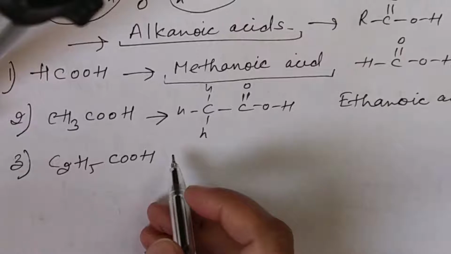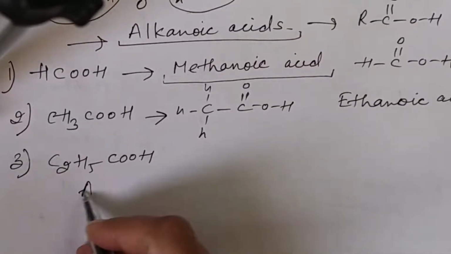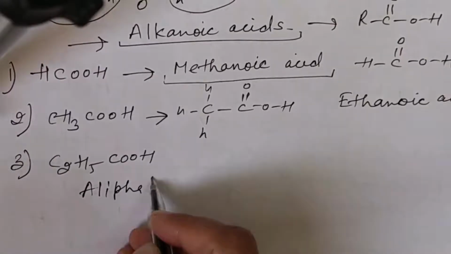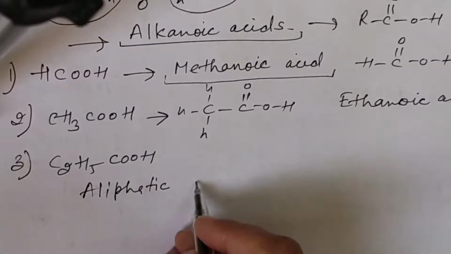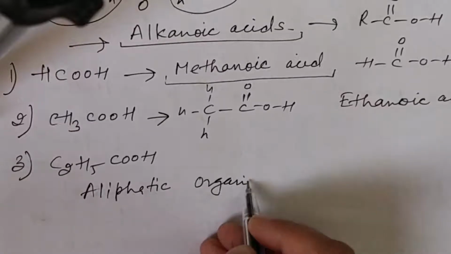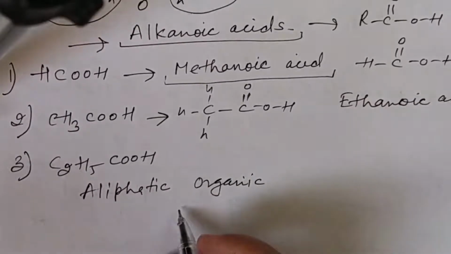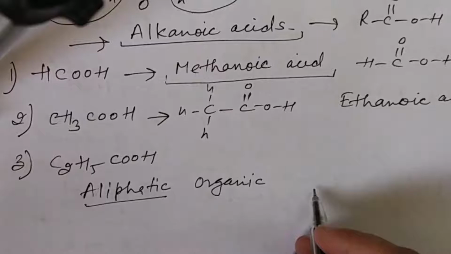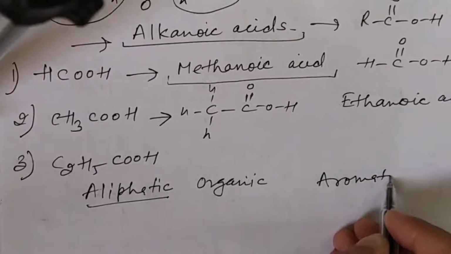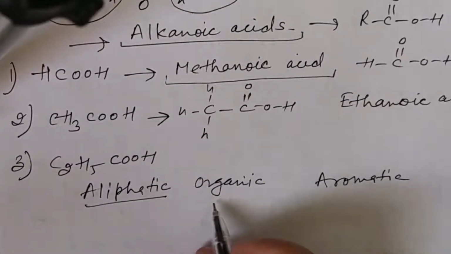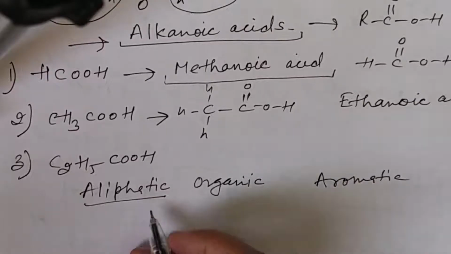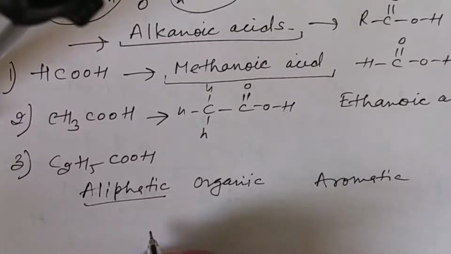Now we are taking some aliphatic organic compounds. What are aliphatic organic compounds? See, organic compounds can basically be divided into two parts, aliphatic as well as aromatic organic compounds. So aliphatic organic compounds are basically a straight chain of carbon atoms.